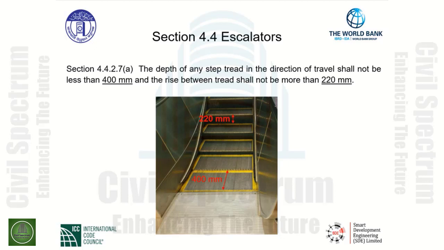The depth of any step tread in the direction of travel shall not be less than 400 millimeters, and the rise between the treads shall not be more than 220 millimeters. That is our maximum height between treads.